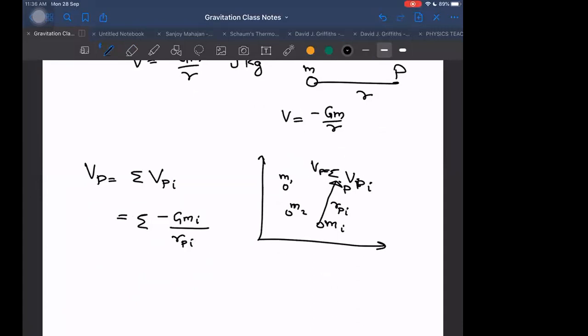Now, if I am keeping one mass m at point P, then what will be the interaction potential energy of that mass with the other masses?